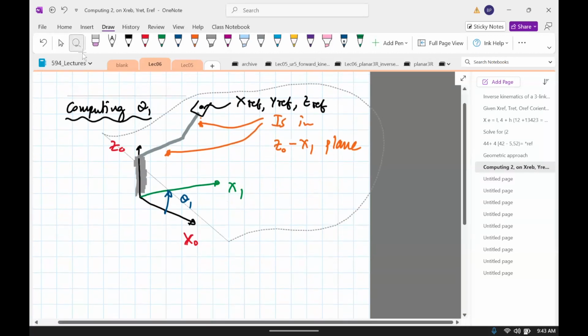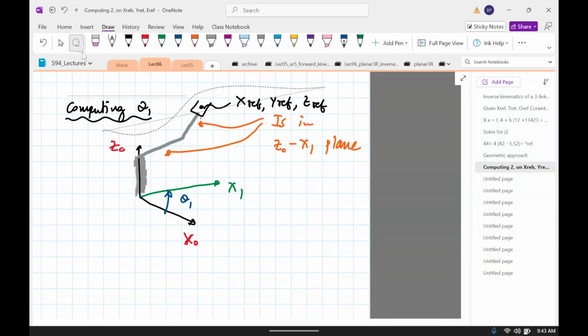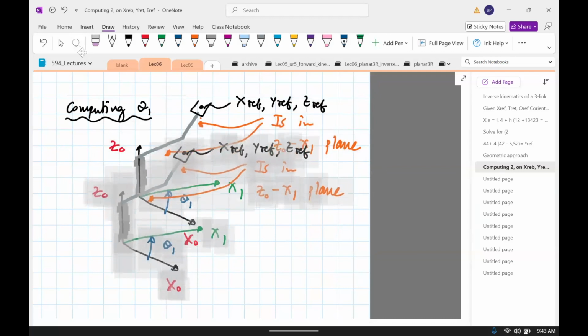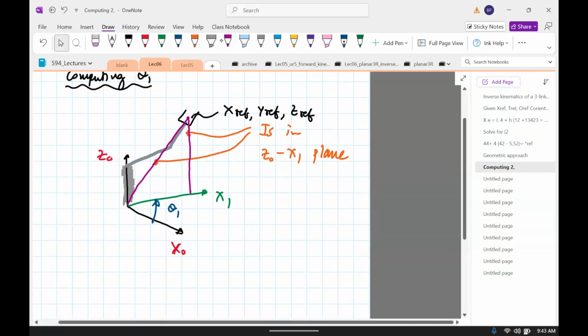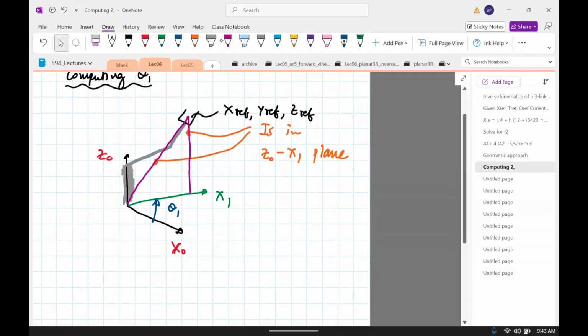I'm just going to connect the final position to the origin, and I'm going to drop a perpendicular to the x1 plane.